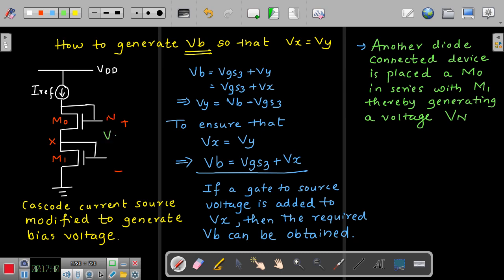Now I am using M0 in series with M1, where I am going to generate voltage Vn, and this voltage is nothing but VGS0 plus Vx. That is understandable, right? So Vn is equal to VGS0 plus Vx. Now we have to make a proper choice of M0 with respect to M3.